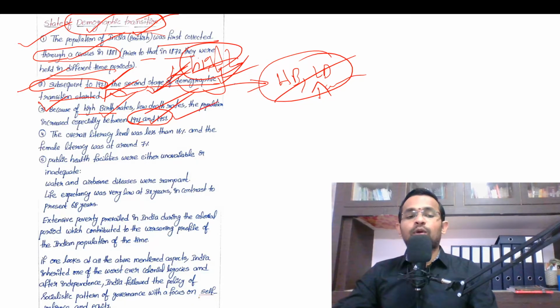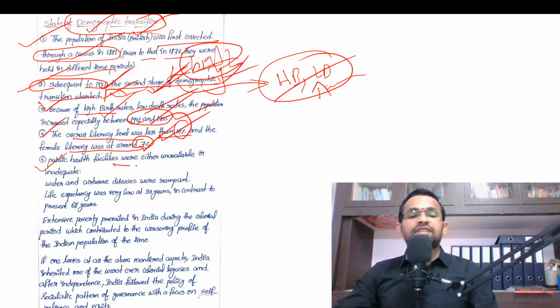Of course, we have seen population explosion after 1951 because of several welfare activities by the government. The overall literacy level was less than 16%, and the female literacy rate was around 7% at the time of independence. So this is about demography, the characteristics of population.